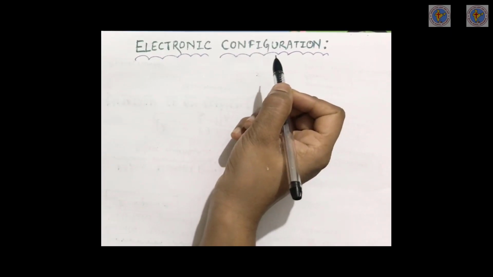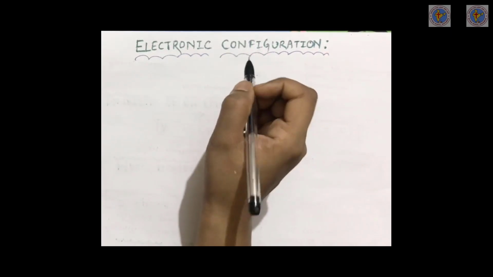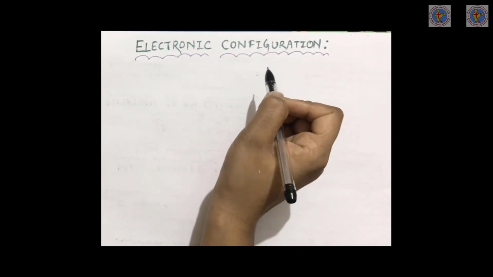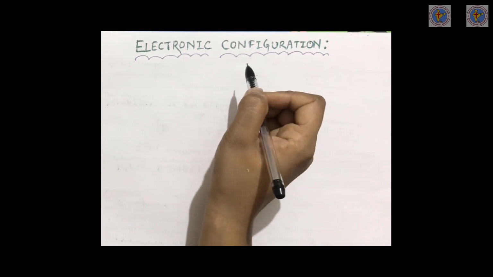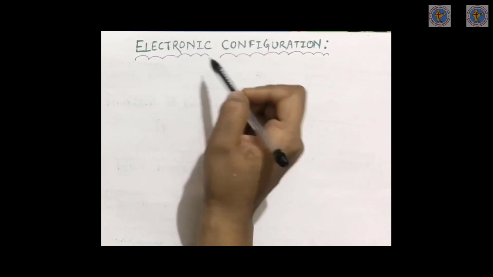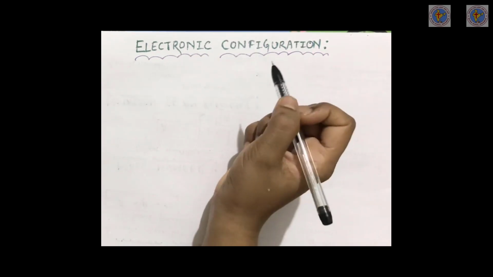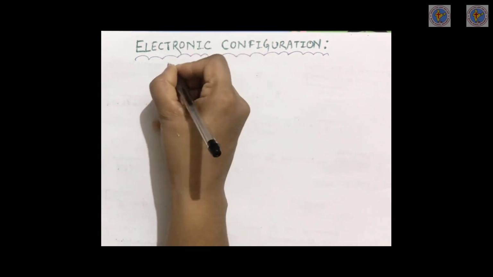Electronic configuration. Children, we know very well that the arrangement of electrons in different energy shells around the nucleus of an atom is called electronic configuration. This arrangement of electrons in different energy shells was given by the Bohr-Bury scheme.